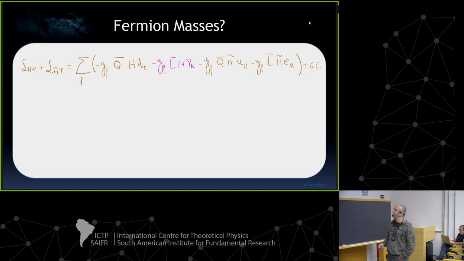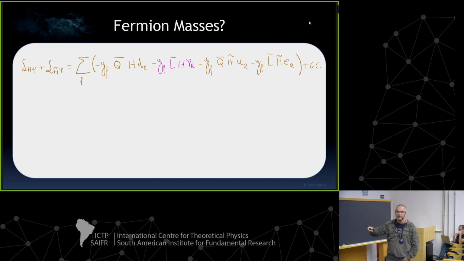So in the end, the Lagrangian looks like that. I still have to sum over these three families, the three generations of the standard model. But I'll have a coupling with H in two cases and a coupling with H tilde in the two other cases, depending on the right-handed part here being down. Here is something wrong. I think it should be the electron here and the neutrino here.